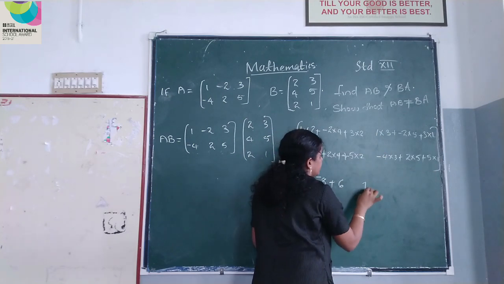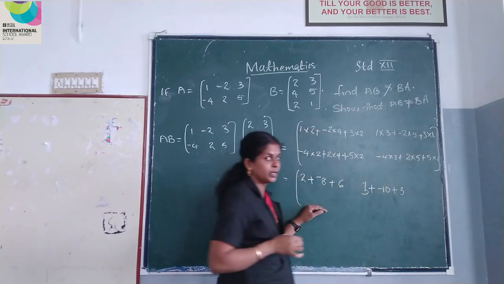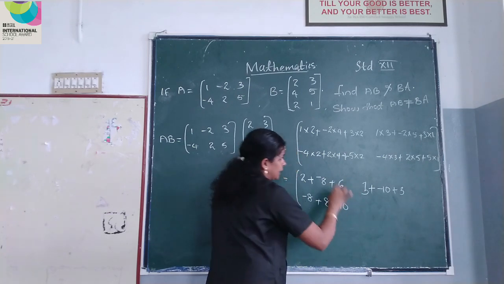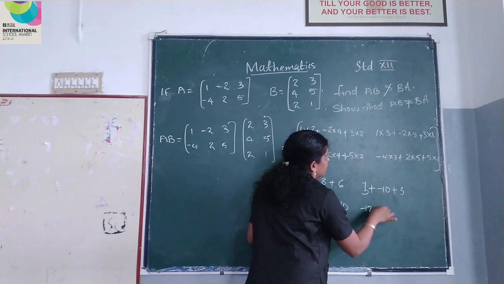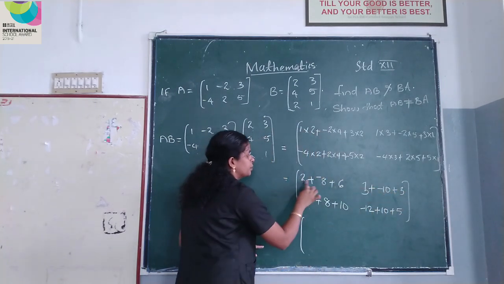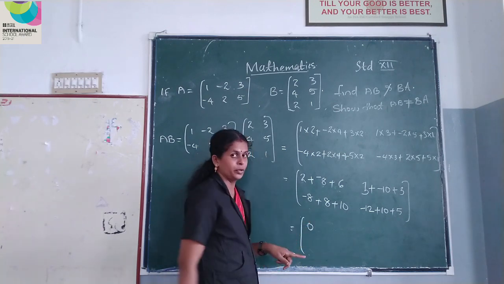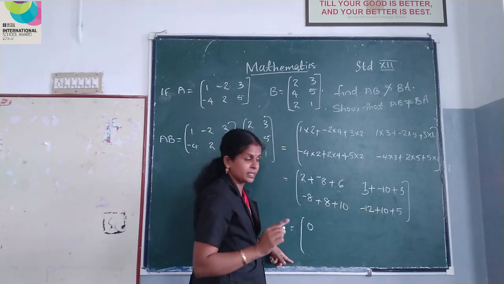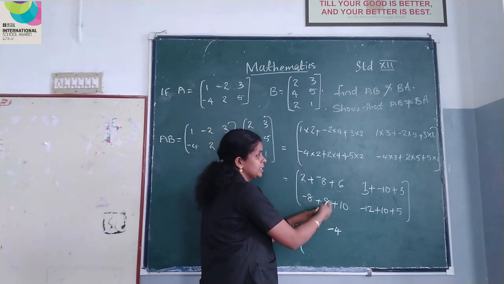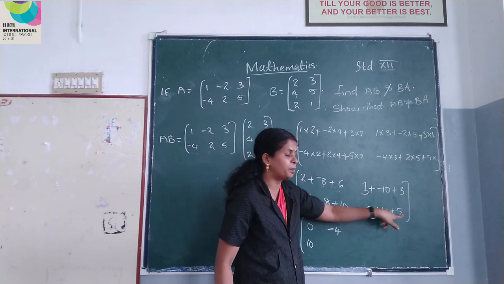Then here 1 into 3, 3, minus 2 plus 5 is 3.